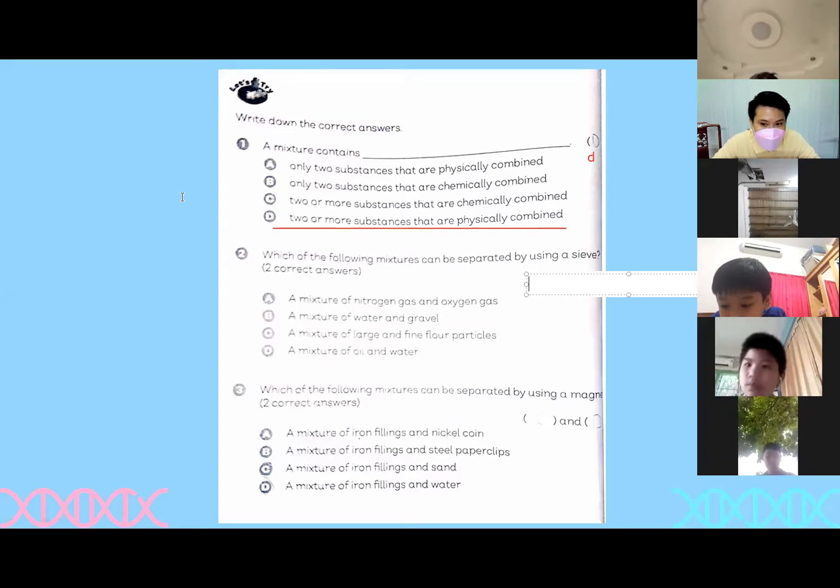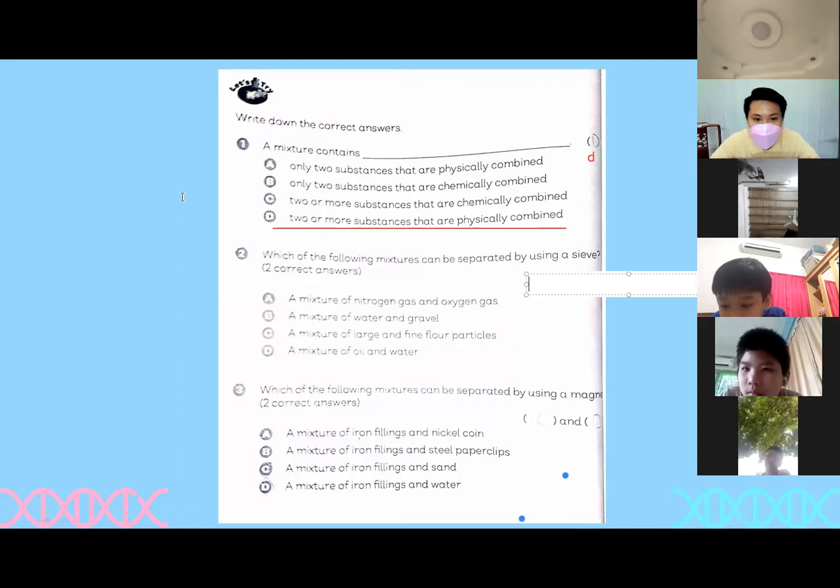Page 29 of your class book, not workbook, class book. Which of the following mixtures can be separated by using a sieve? A, a mixture of nitrogen gas and oxygen gas. B, a mixture of water and gravel. C, a mixture of large and fine flour particles.